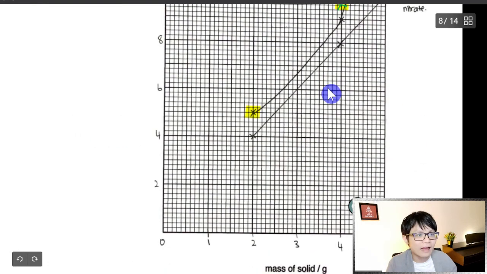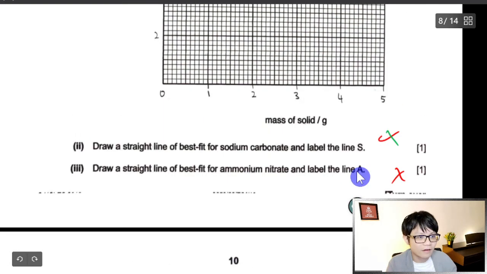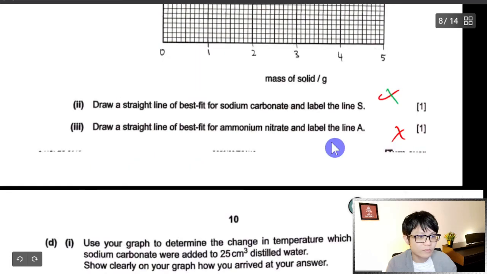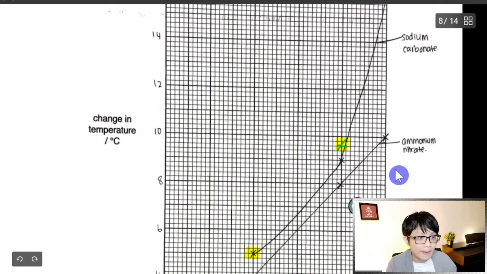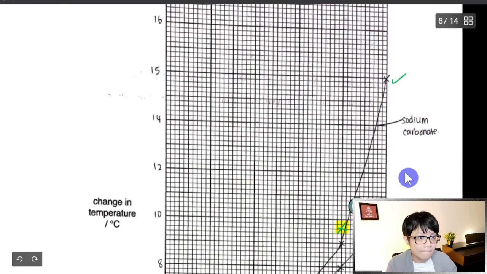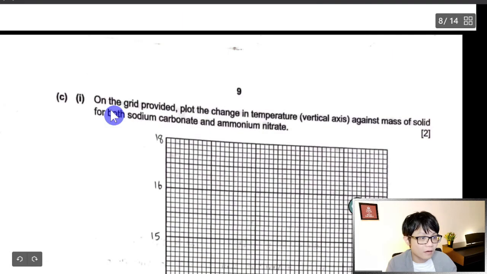And the top one is C1. C1 means what? The question number C1. This one is 1 mark. Let me read. On the grid, plot the change in temperature on the vertical axis against mass of solid.